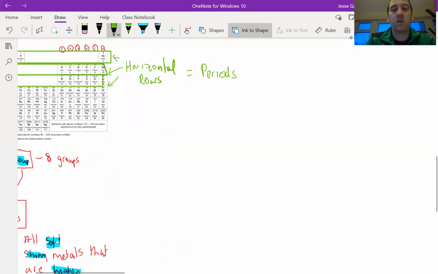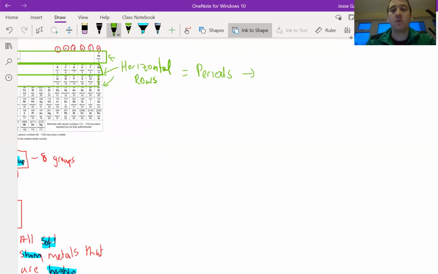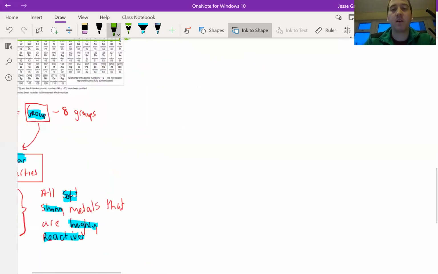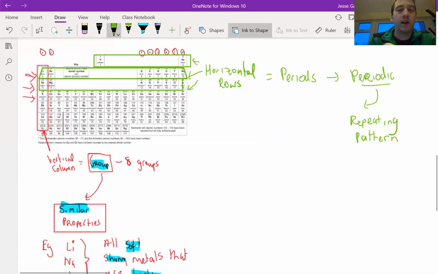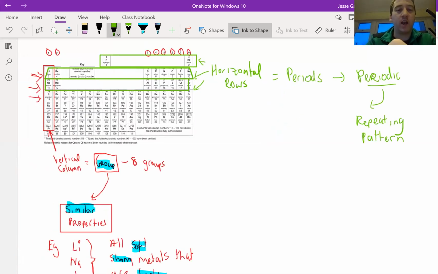Period, or periods, comes from the word periodic. That's why the periodic table is called the periodic table. Periodic just means repeating pattern. If you look at the table, the first period has 2 elements in it.